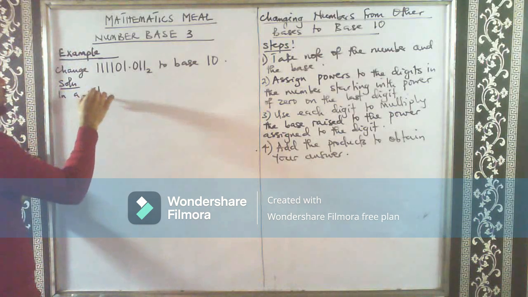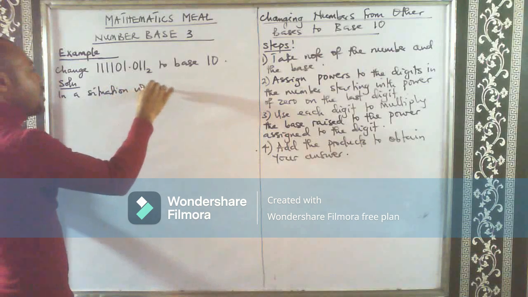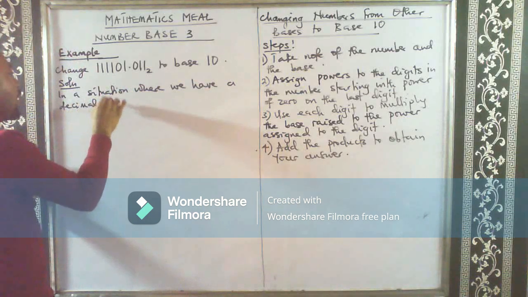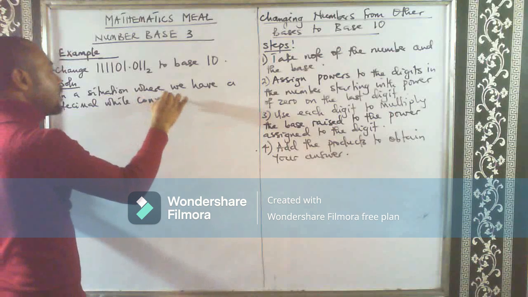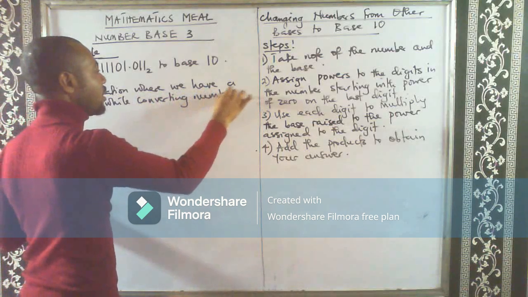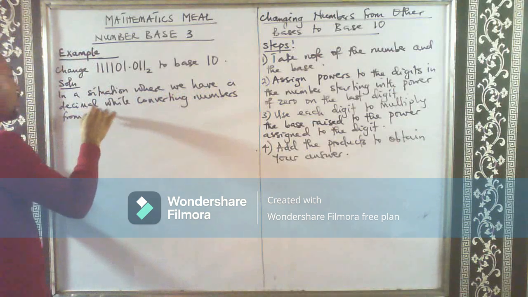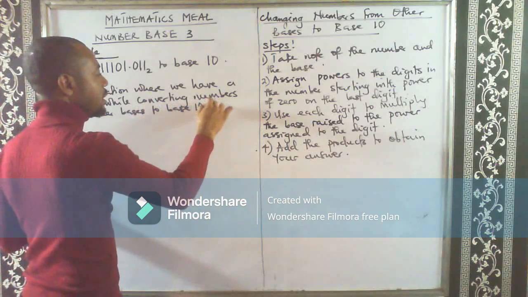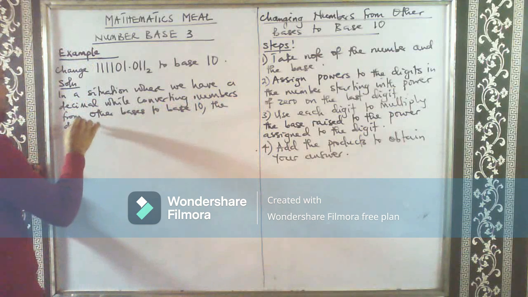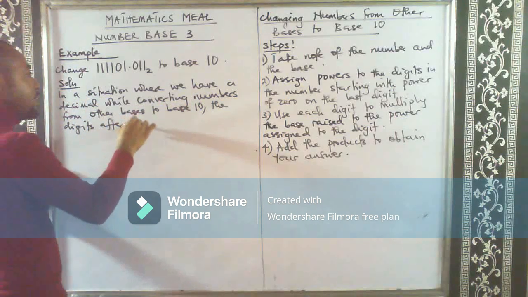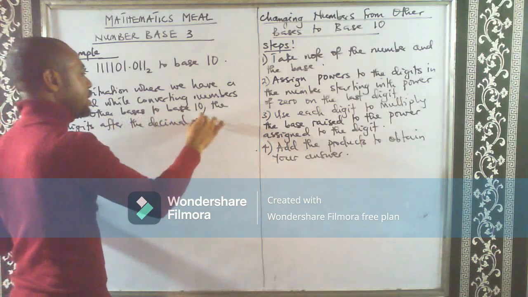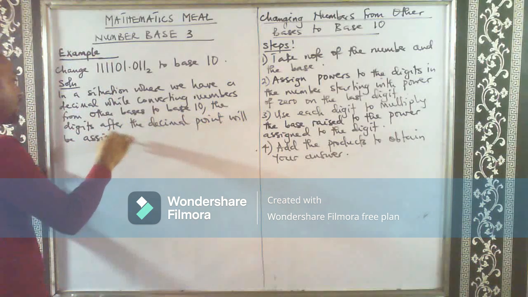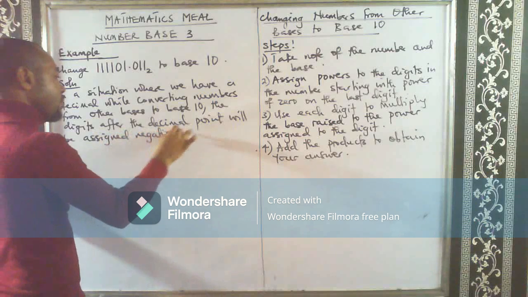In a situation where we have a decimal point while converting numbers from other bases to base 10, the digits after the decimal point will be assigned negative powers.